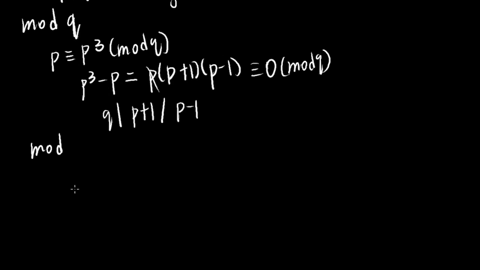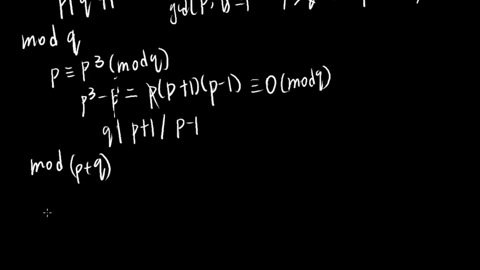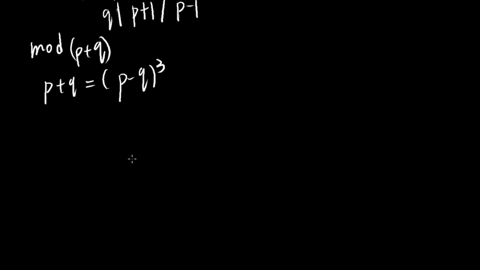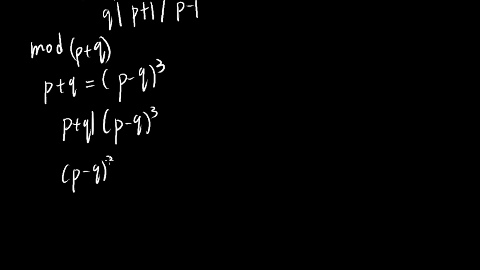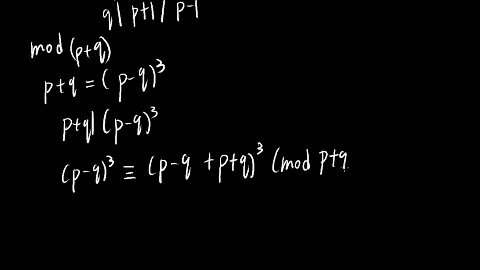We may try mod p plus q, and because we've got p plus q is equal to p minus q cubed, as a result p minus q cubed is divisible by p plus q, and p minus q cubed is congruent to p minus q, and add p plus q, right? Modulo p plus q.